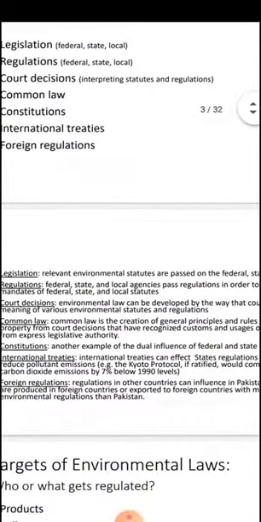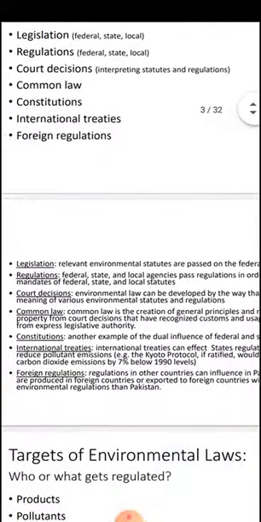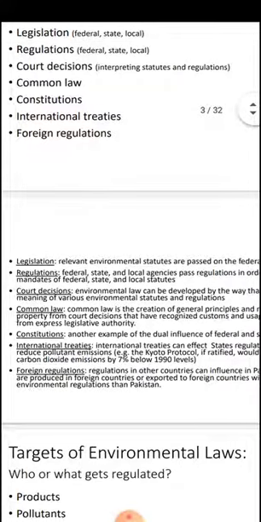Most of the treaties are approved and ratified by our country, and one of the examples is the Kyoto Protocol. Some other examples are Agenda 21 and the Geneva Convention. These are some other treaties as well.